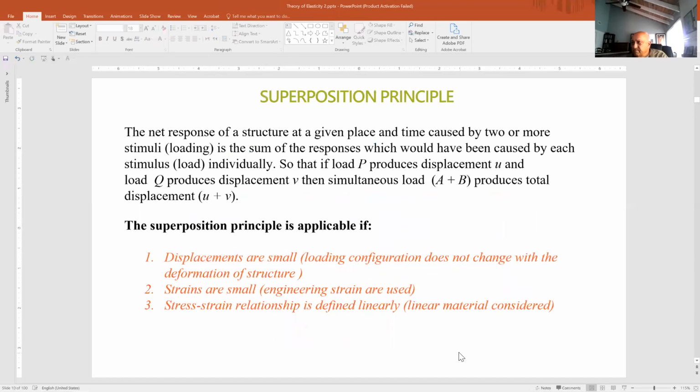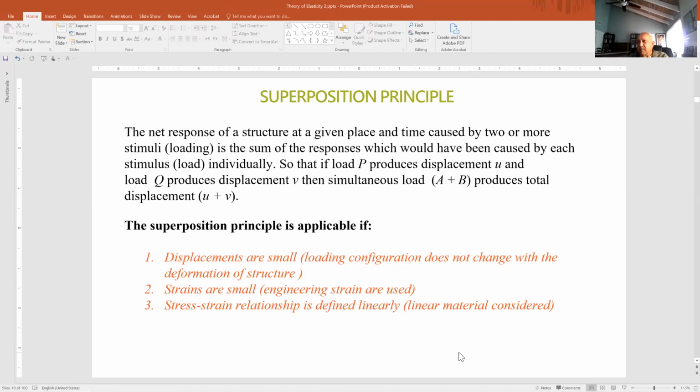Moving on. As far as we talked about, we were talking of small displacement and small strain. So if the system is linear, we can use the concept of superposition.